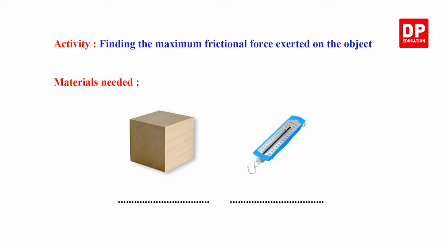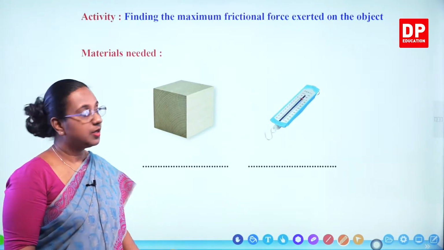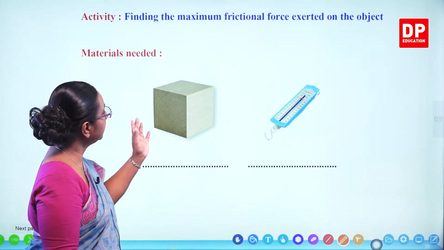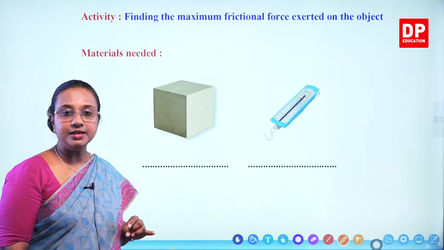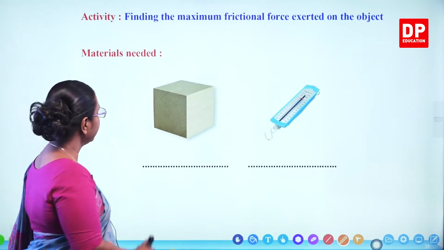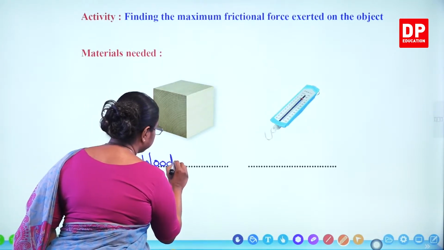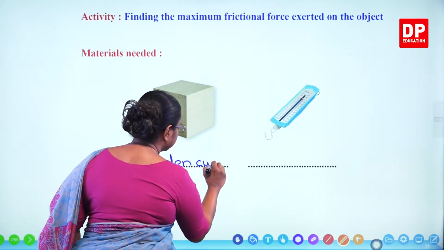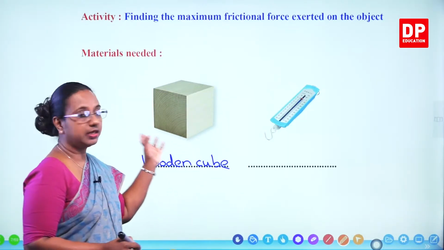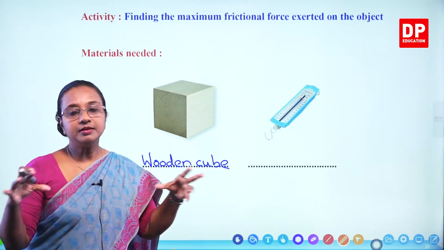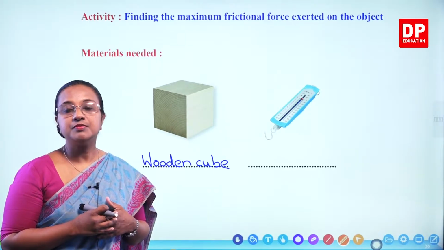Activity: finding the maximum frictional force exerted on the object. So, for this activity, we need two main materials. One is a wooden cube. It can be a cuboid shape or it can have different faces.